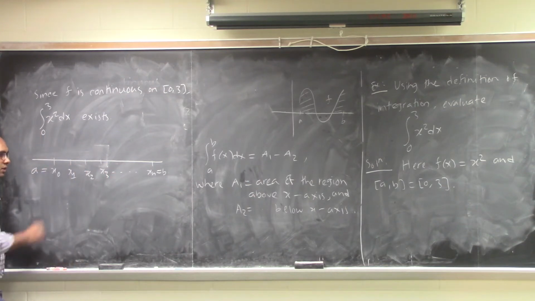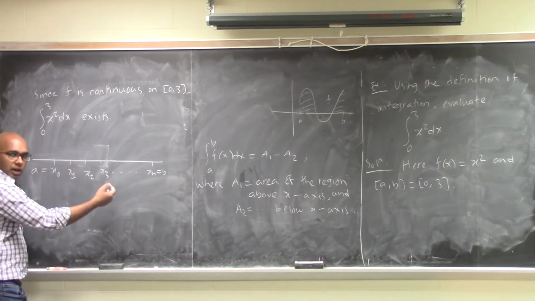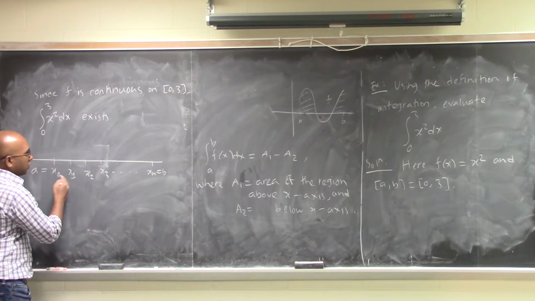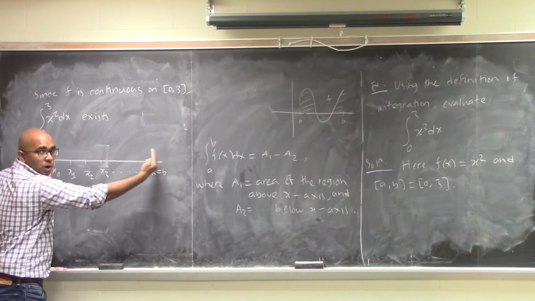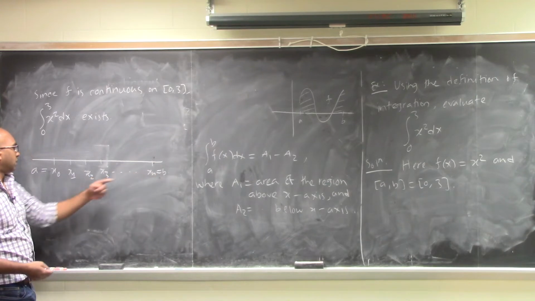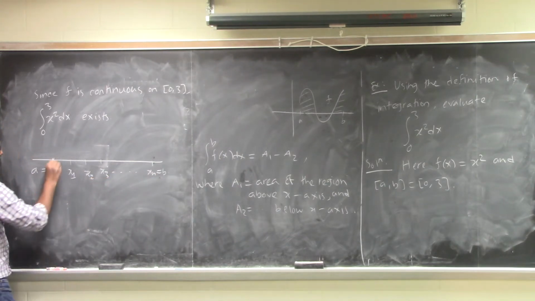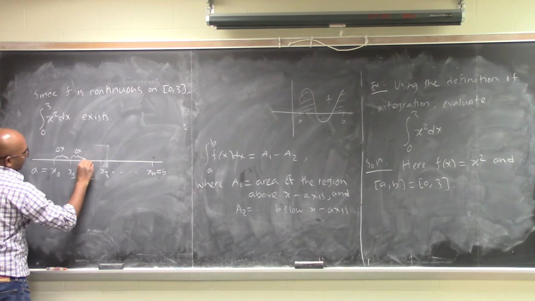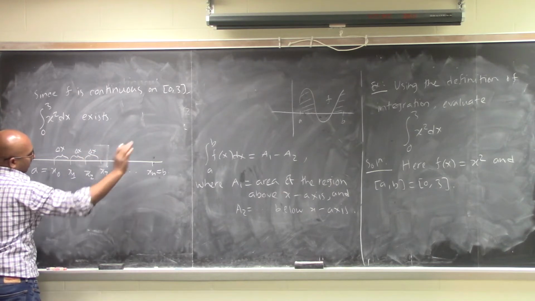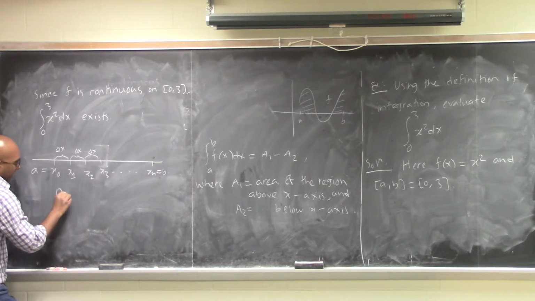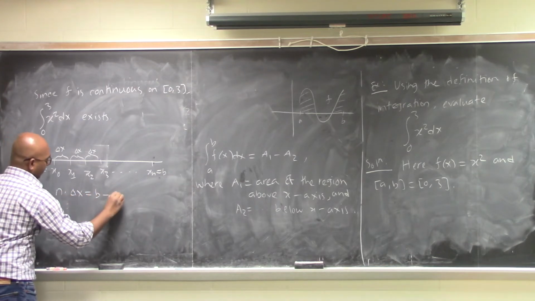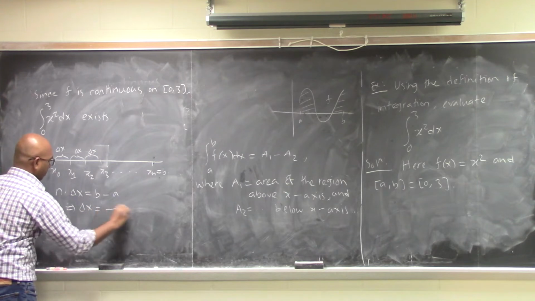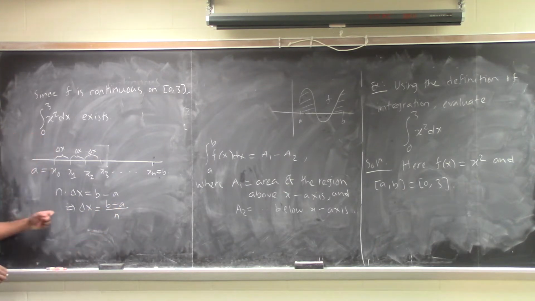Now how many subintervals do we have here? n, right? So n times this common length equals the length of this whole interval, which is b minus a. Okay, so let's say this is delta x, then this is also delta x, this is also delta x, until the last, right? Then n times delta x equals b minus a, so that means delta x equals b minus a over n. That should be the length of each subinterval once you take all of them to have the same length.